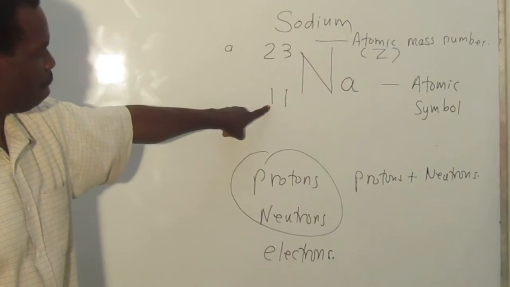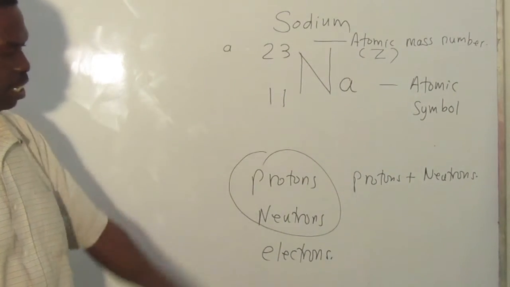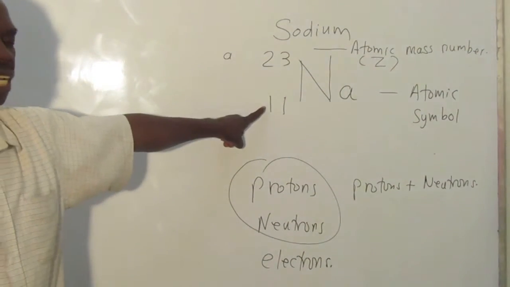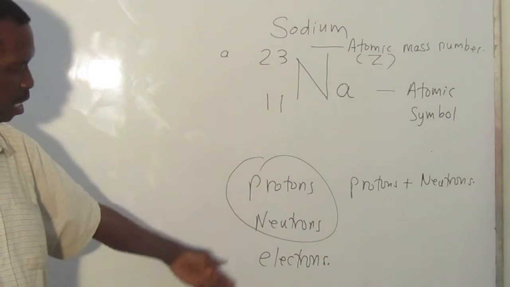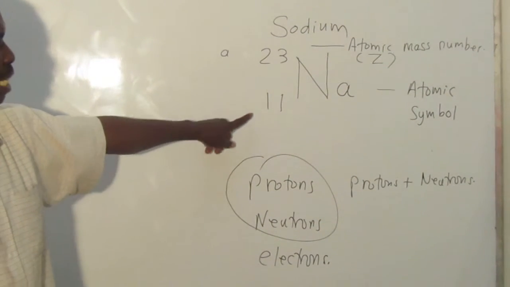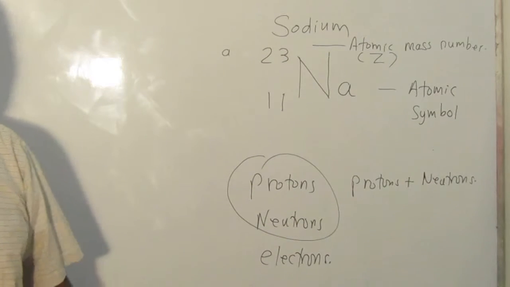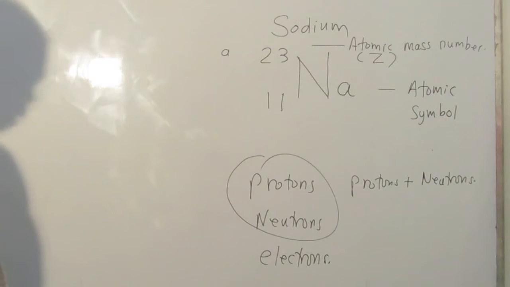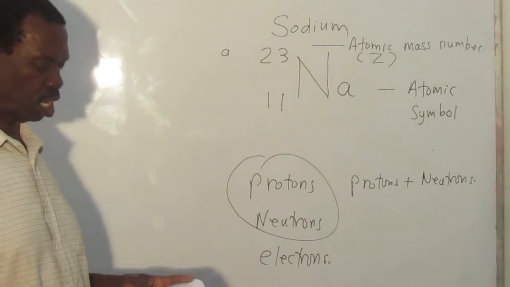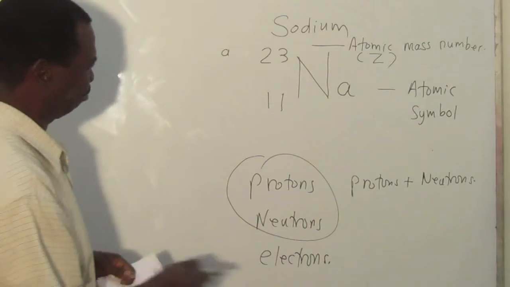There is also another number there, which is 11. We are also going to associate 11 with one of these subatomic particles. This 11 is what is called the proton number.